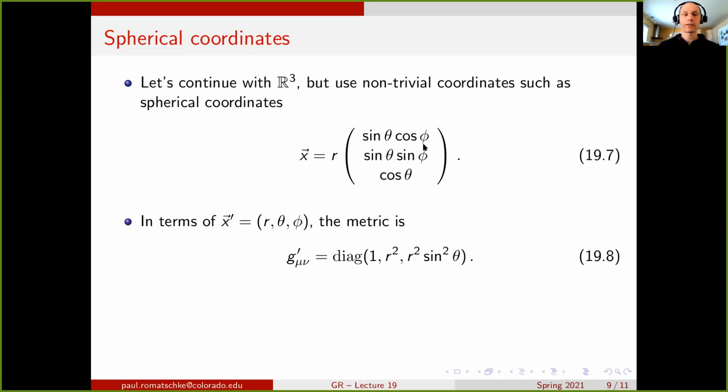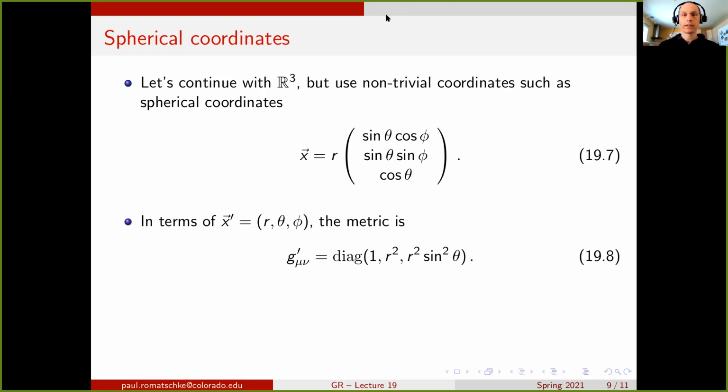We have already discussed these coordinates, and we have said that if we want to express the metric tensor in terms of the new coordinates r, theta, and phi, the metric is again a diagonal matrix with 1, r squared, and r squared sine squared theta in the diagonal. So now we have a metric tensor that depends on the coordinates, so derivatives of this will not be vanishing. Let's see whether we can still calculate the Ricci scalar for this example.